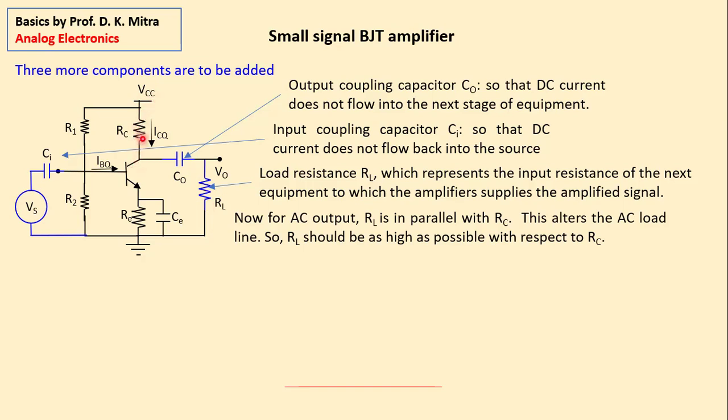So when AC signal current flows through this RC, it flows through the power supply and comes back to the ground. And also from here, it comes back to the ground. So RC and RL are in parallel.